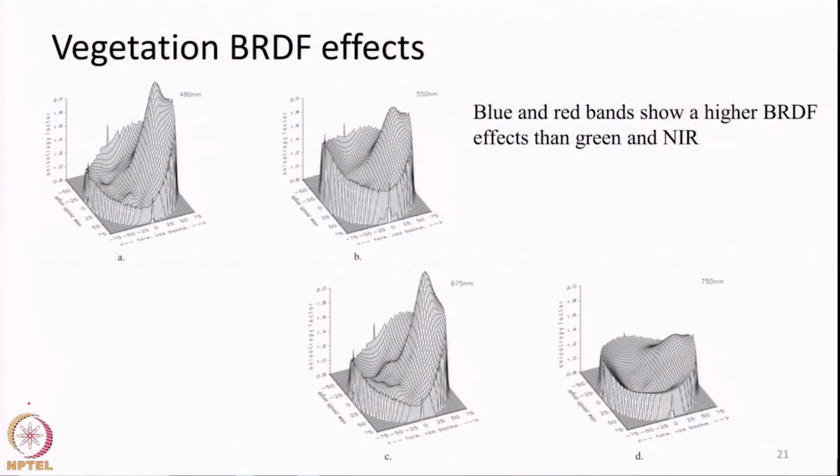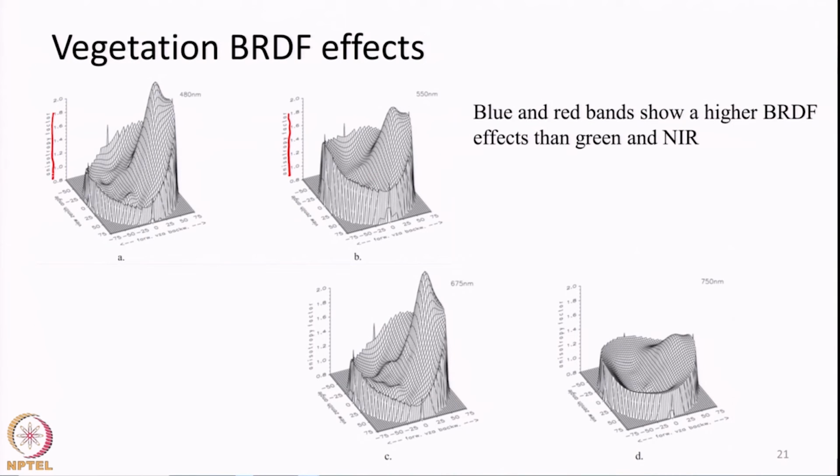One of the classes I told you is that vegetation is primarily a backward scatterer, that is, it reflects a good chunk of energy in the direction from which it is coming. Similarly, the vegetation's reflectance property will change as the sensor viewing geometry changes. Here an example is given in this particular slide. Here we have plotted what is known as the anisotropy factor.